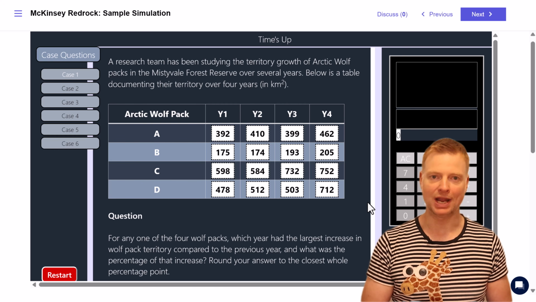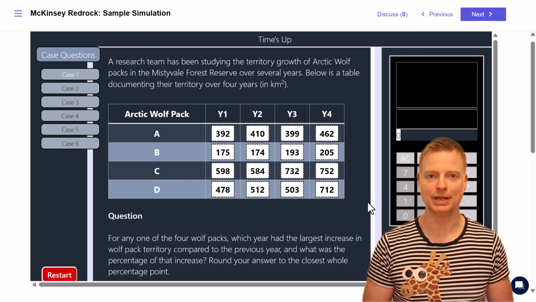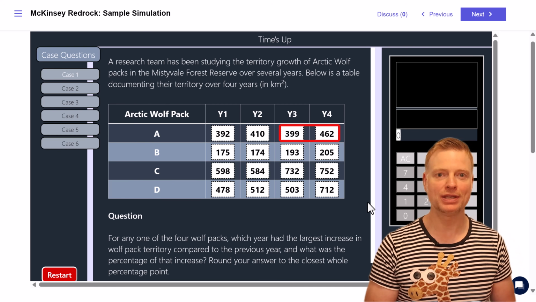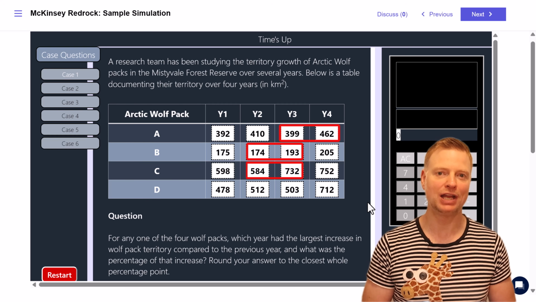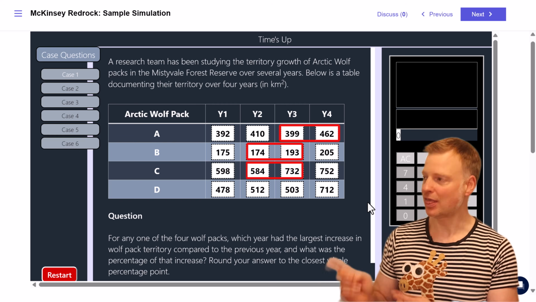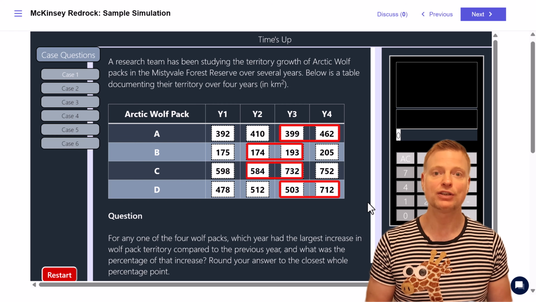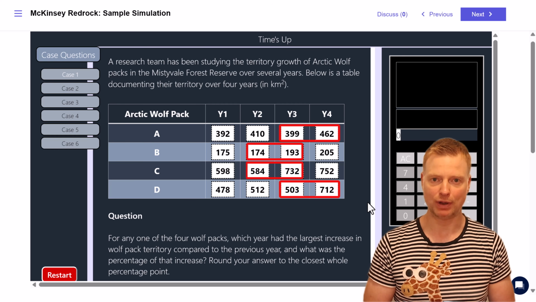We can go line by line and screen for the largest increase on a year-on-year basis. For Wolfpack A, it is here. For B, it is here. For C, this increase looks the largest, but then you still have this one in D. I hope you quickly figure that the increase in D from year 3 to 4 is the largest one.